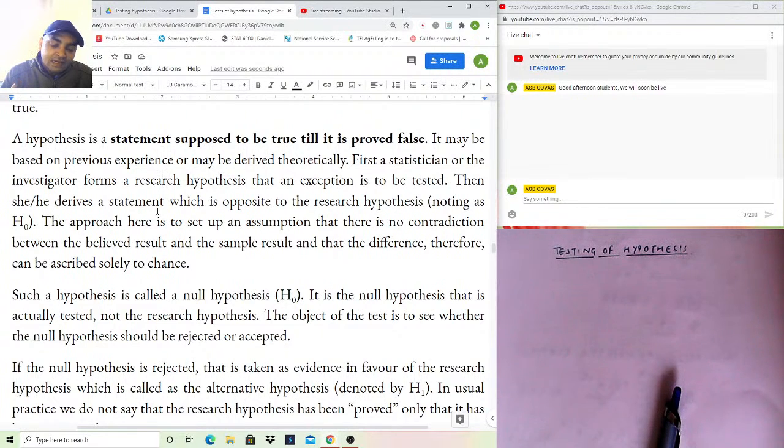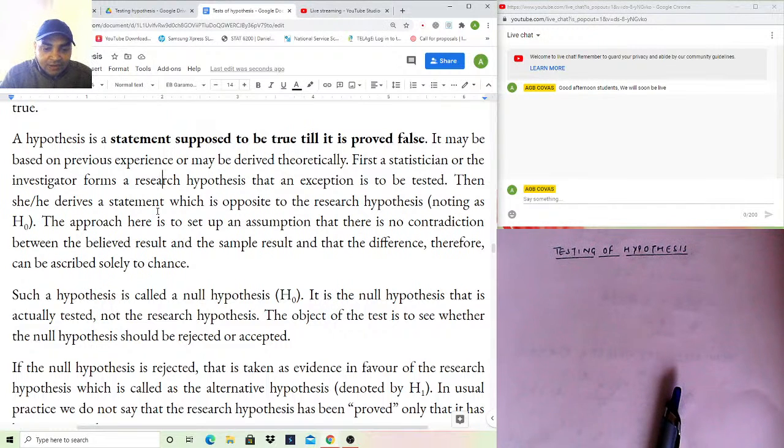That is, in research we believe that by giving this ration we will get better milk, but our approach is to say that our null hypothesis is that by giving this ration there is no difference in the milk.